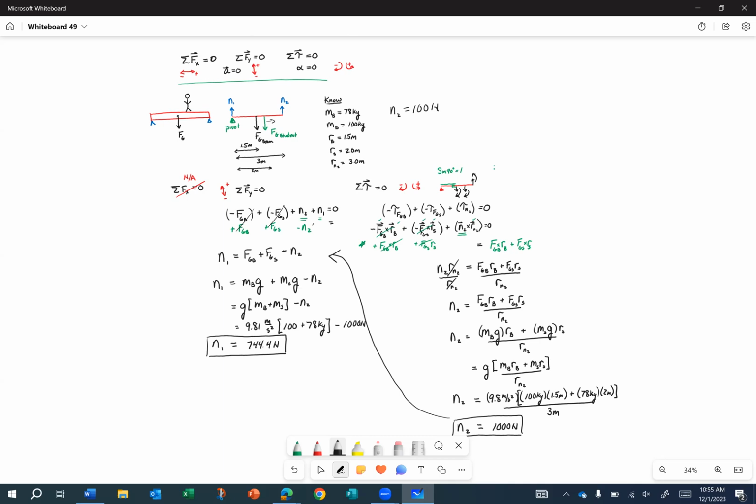As this value increases, your mass isn't going to increase, but this lever arm will change over here. All right, hopefully this helps you in solving problems with static equilibrium.